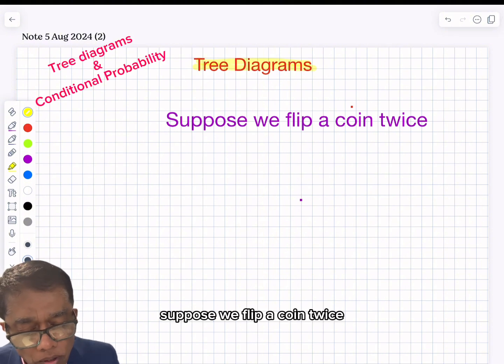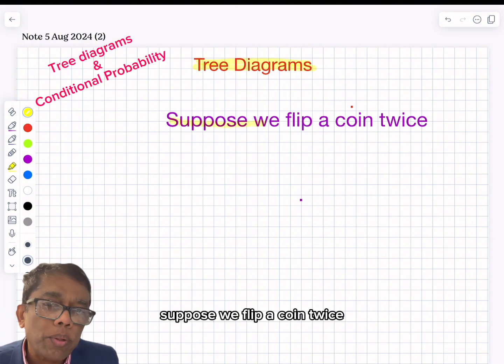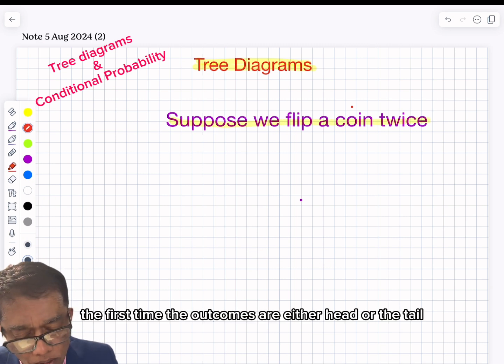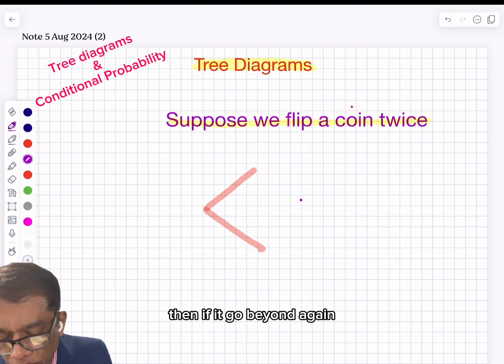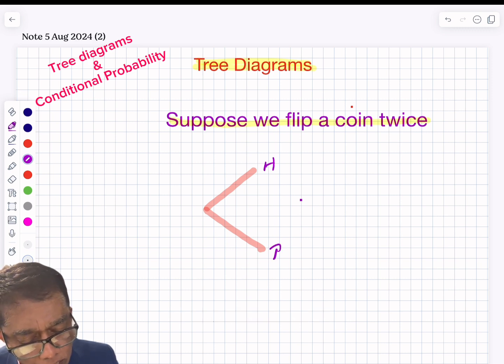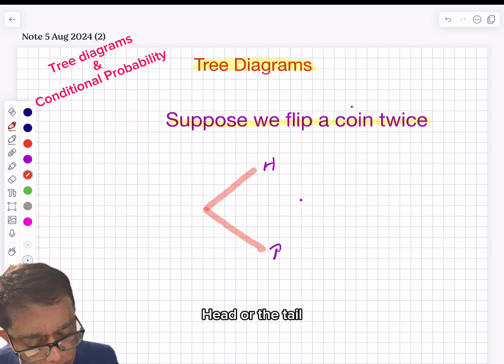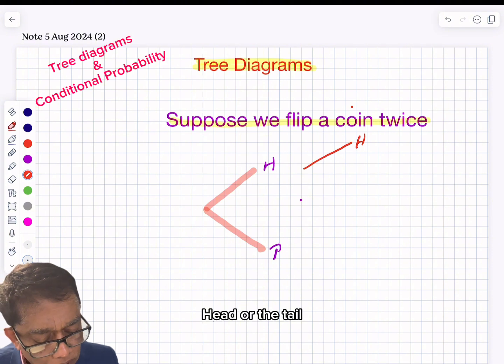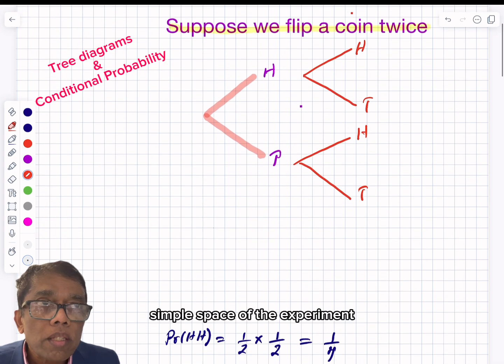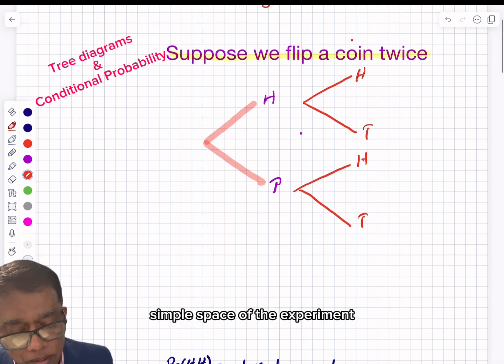Suppose we flip a coin twice. The first time, the outcomes are either head or tail. Then if we go beyond, again head or tail. Let's write down what the possible outcomes are, or the sample space of the experiment.